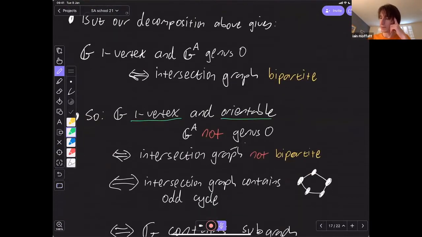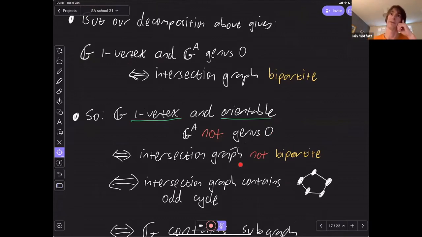So this tells me that any ribbon graph of one vertex has a partial dual of genus 0 if and only if this intersection graph is bipartite. So if a partial dual is not of genus 0, it's going to have an intersection graph that is not bipartite. What do we know about bipartite graphs? Well, a graph is bipartite if and only if it has no odd cycles. So if it's not bipartite, my intersection graph must contain an odd cycle.